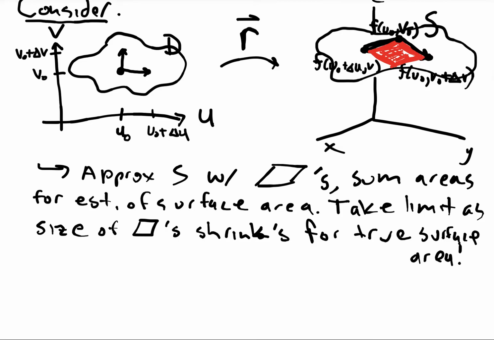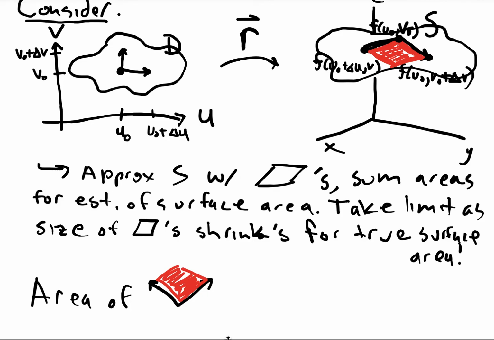How do I find the area of one of these parallelograms? Let's actually try that. If I want the area of one of those parallelograms, I'll draw the picture here to mimic what I'm trying to find in that diagram.